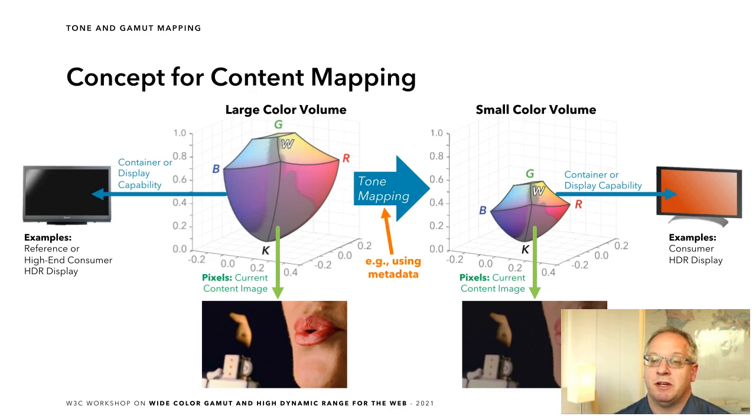This example scene might contain more saturated colors or more extreme luminance levels than a potential target display with its specific color volume can recreate. An example of such a smaller color volume is given on the right and can be seen as an example for lower tier HDR or SDR displays on TVs, computer displays, and mobile devices.